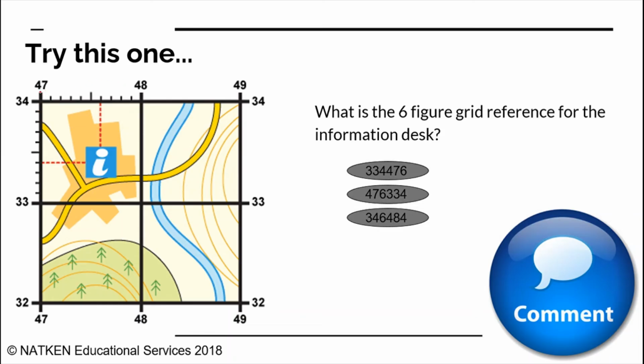So you would look at the line that is going down, that is your easting, and you would look at the line that is going across, that is your northing, so that you are able to find your 4-figure. And then you look at the number of tenths going across and the number of tenths going down as well, so that you can get your 6 figures. Write your answer for this one in the comment section below. The first person that gets this one correct, you will get a shout out in our next video.